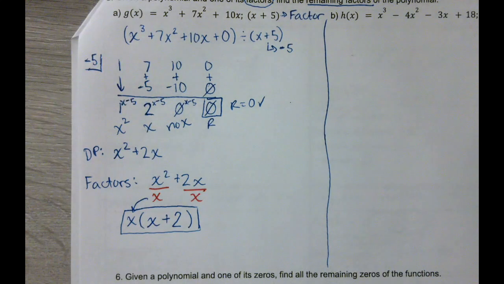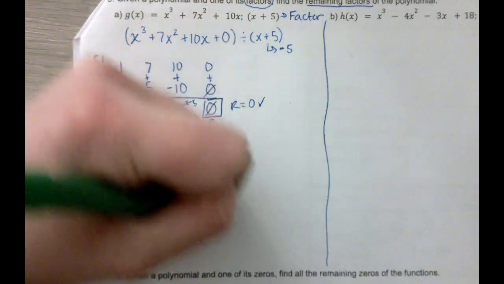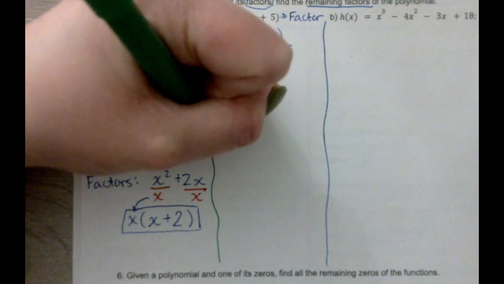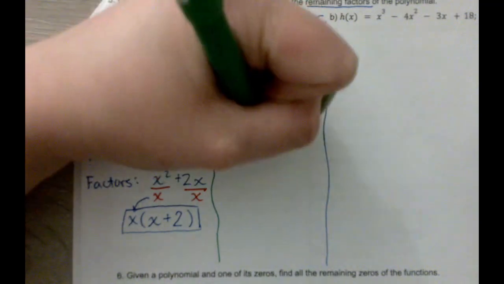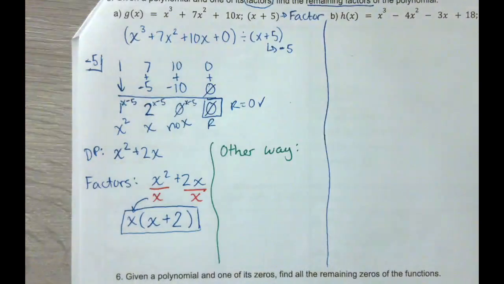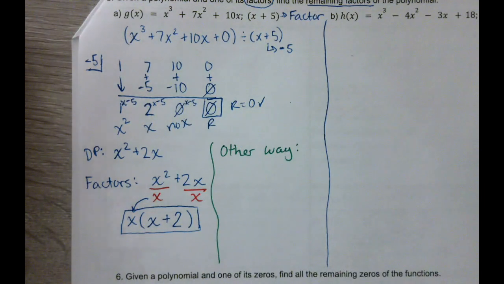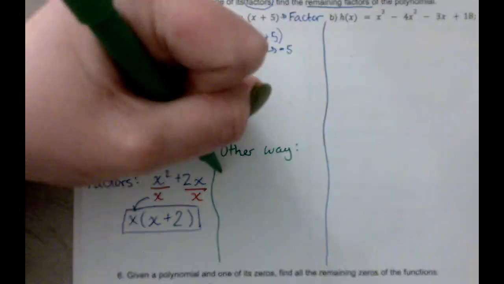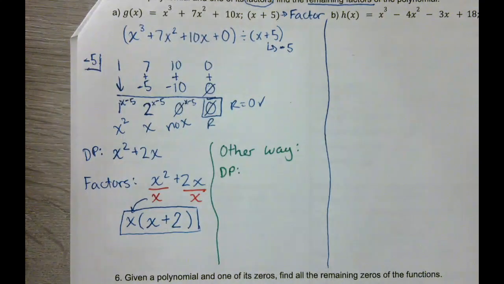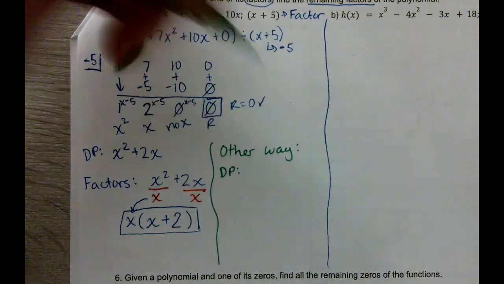Now the other option, I'll just do this on the same paper in a separate color. The other way you can do this, and this allows you to use an ACB chart, is you could include that 0 in your depressed polynomial.